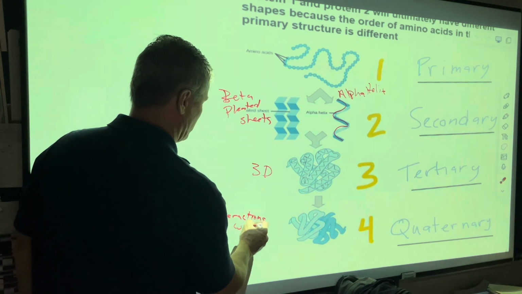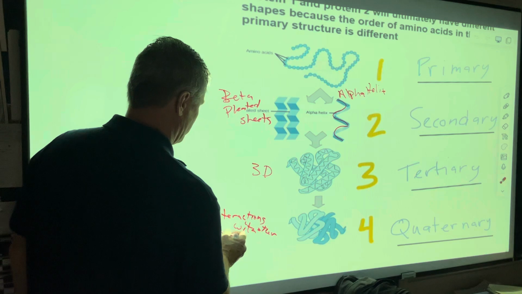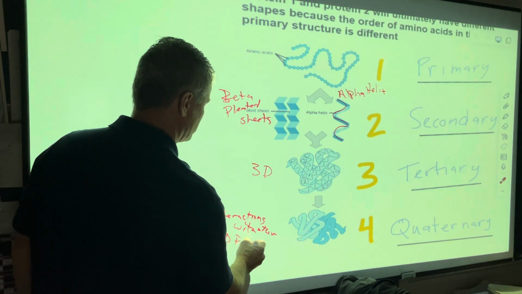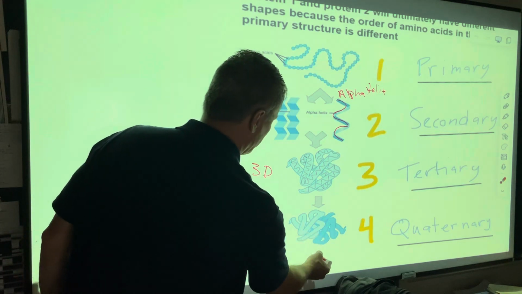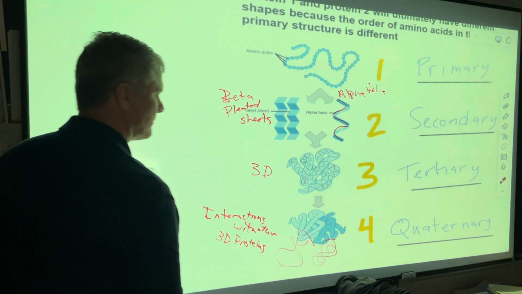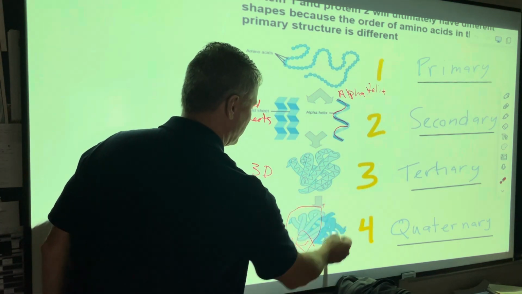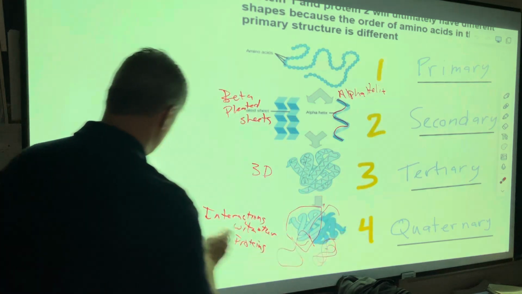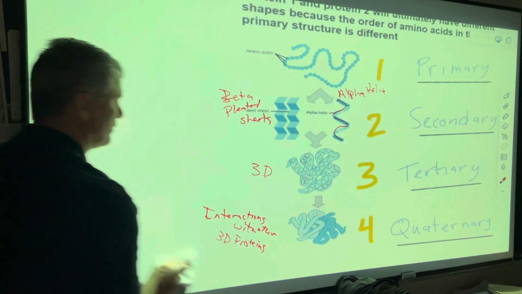Let's add 3D proteins. So in this picture, normally there's four of them here, but here they're only showing you two. So here's one completed protein, and then you see this darker blue. That's another one.